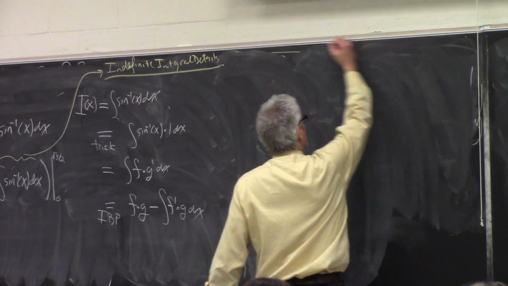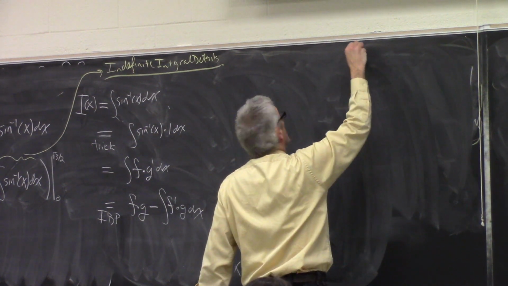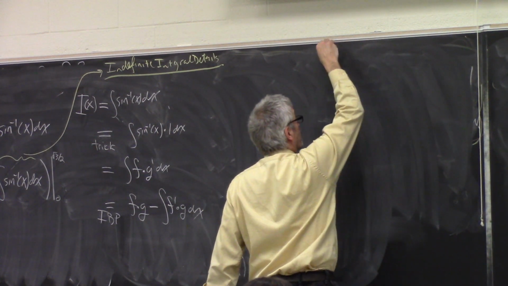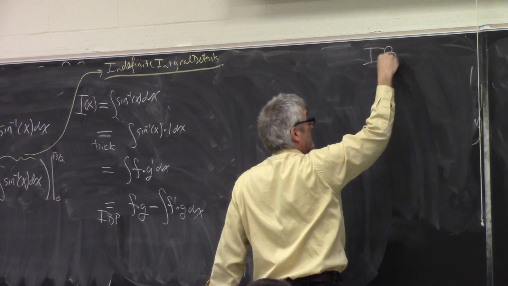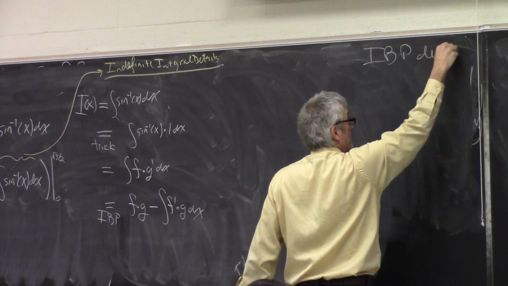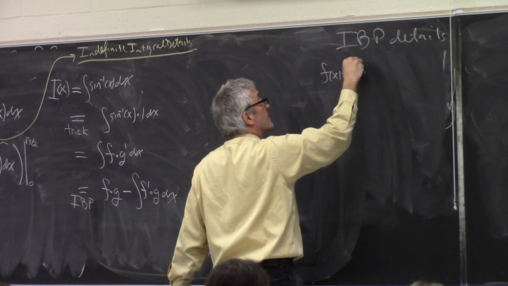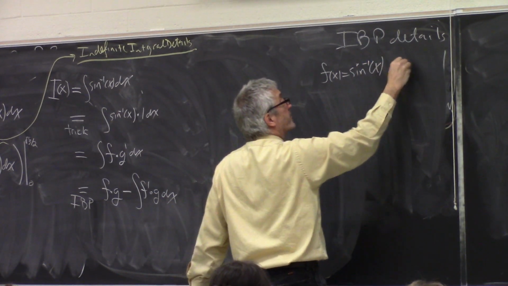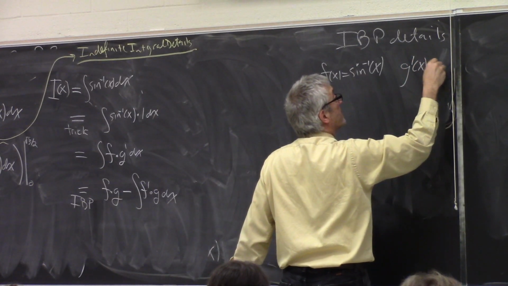Okie doke. Well, let's do the integration by parts details. So we have our f of x, which is sine inverse of x, and we have our g prime of x, which is the number 1.